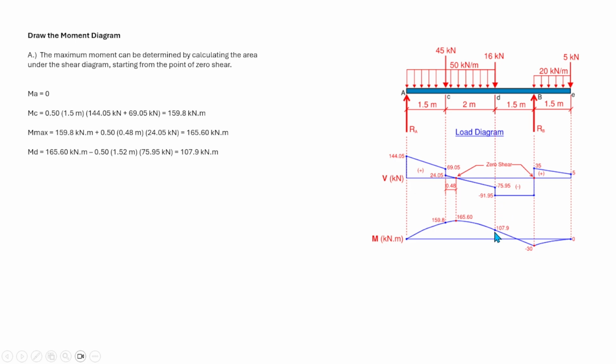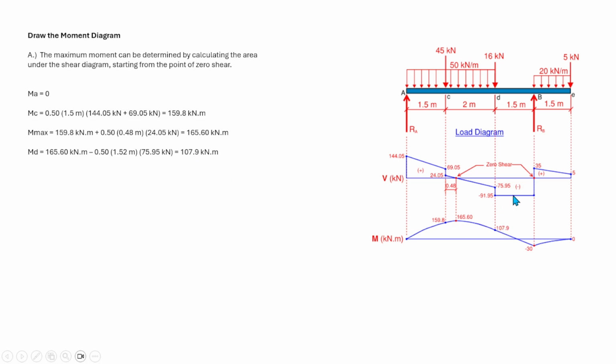So the moment at this point is equal to 165.6 minus 0.5 times 1.52 meters times 75.95, which is this one, not this one here. And that is equal to 107.9.